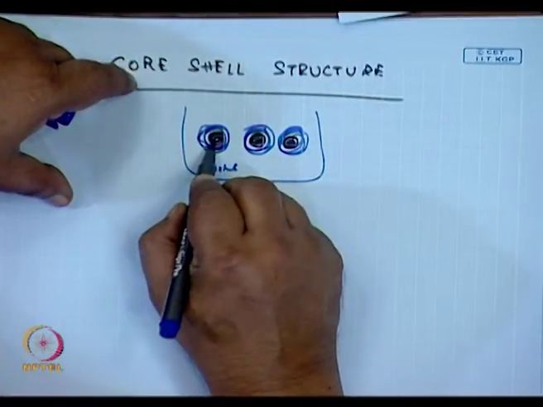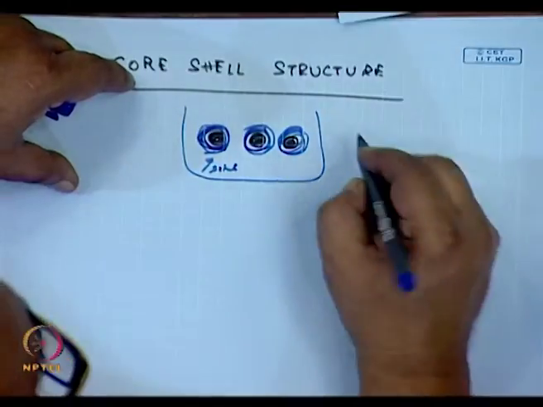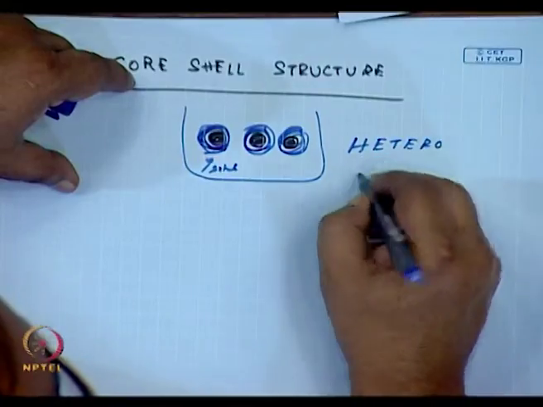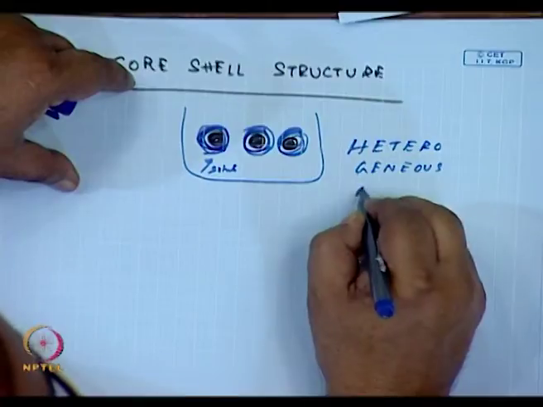The black part is a core, the blue part is a shell. This is a true case of heterogeneous nucleation.